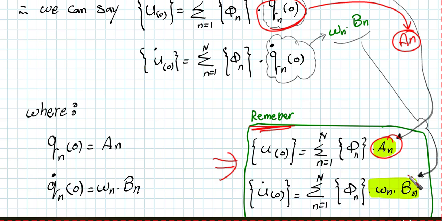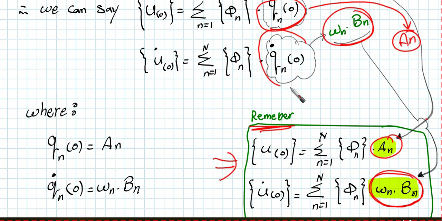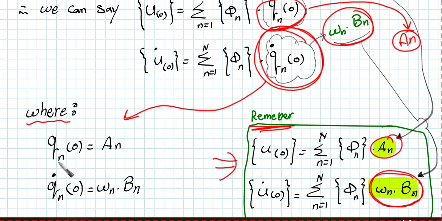And this term, which I highlighted in green, is omega n bn, which I am going to put here as qn dot node. I hope you understand the meaning now. Remember, this qn is the modal coordinate for a particular mode shape at the initial condition, equal to an.